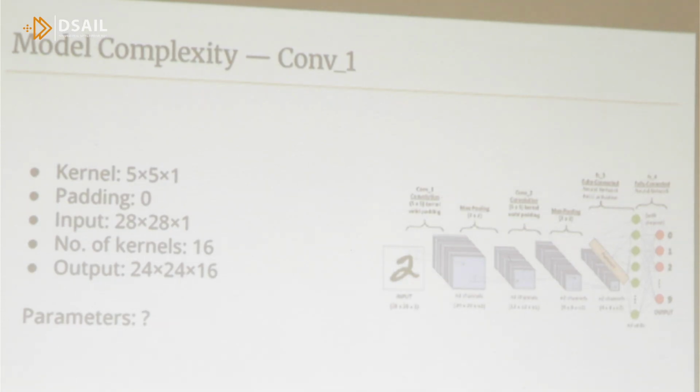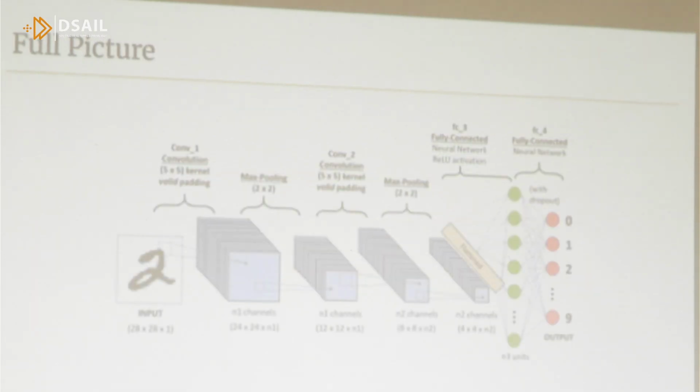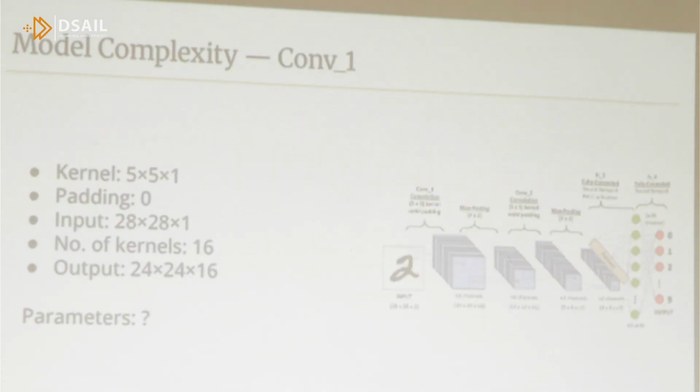Remember, after every convolution there is a bias that is added. Every kernel has a bias attached to it. Just like in a neural network, you have a single neuron, and each neuron has a weight and a bias.